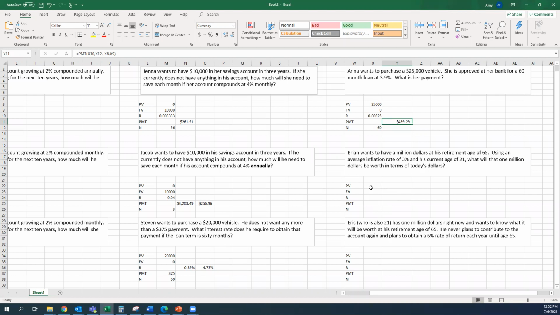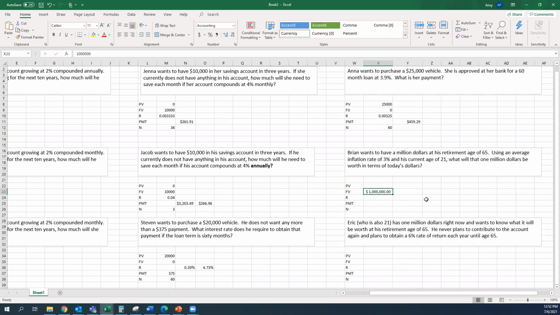Brian wants to have $1 million at his retirement age of 65. So that tells me that that's his future value. Since that's so many zeros, I'm going to put that into dollars so we can see. If his rate is 3%, his current age is 21, what will that $1 million be worth in terms of today's value?